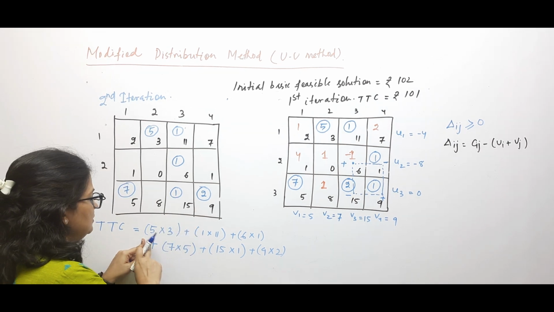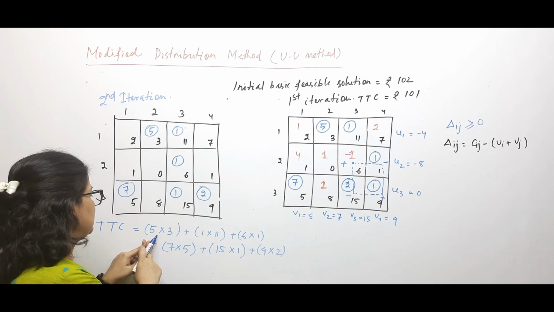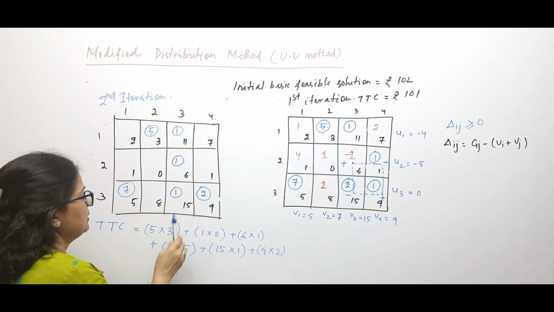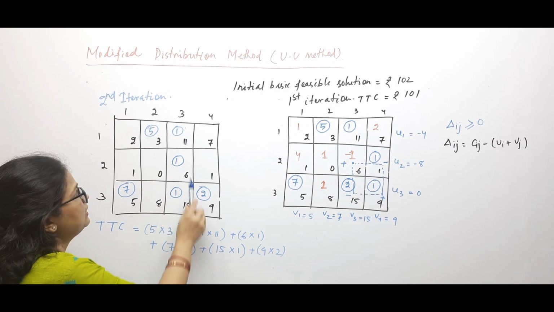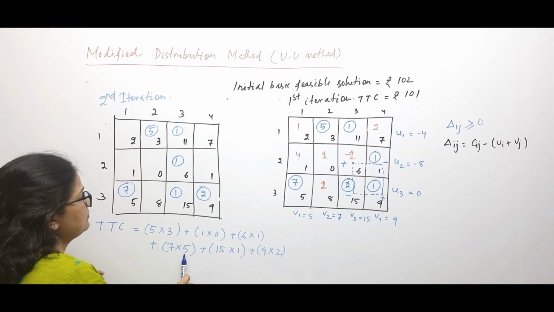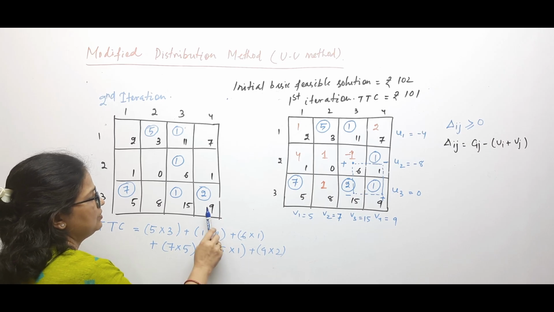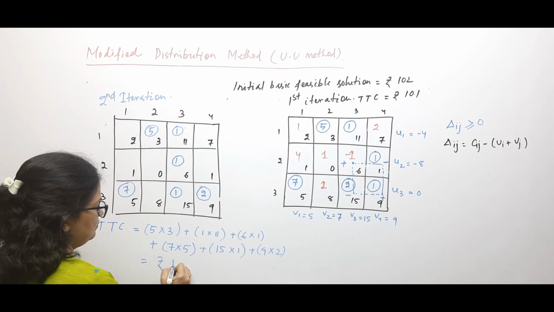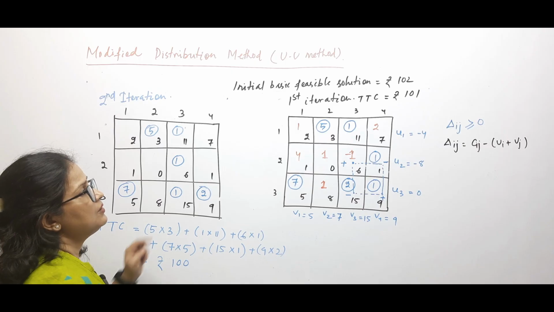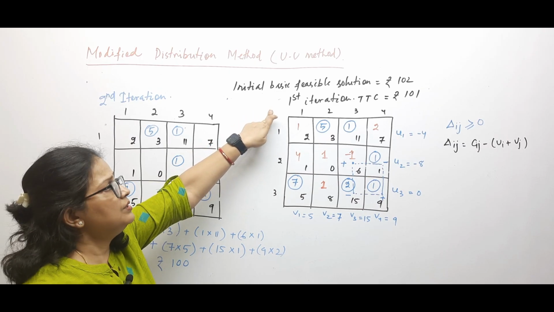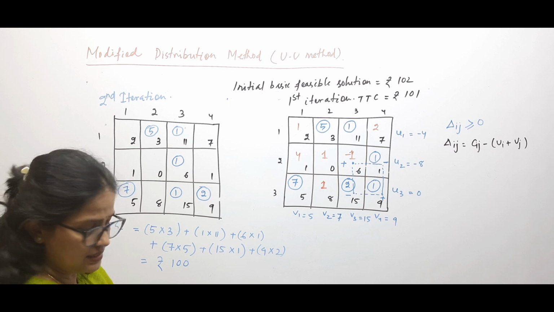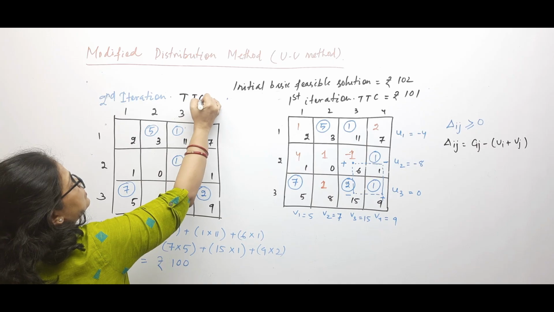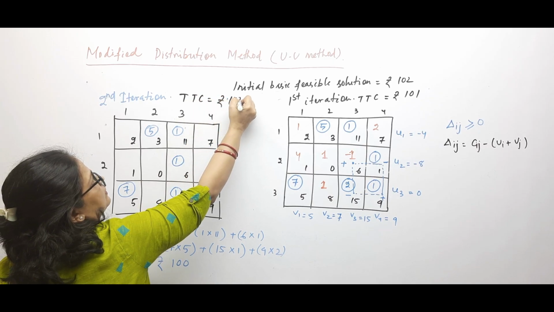So we need to calculate the total transportation cost for this new allocation. 5 into 3, 1 into 11, 6 into 1, 7 into 5, 15 into 1 and 9 into 2. If you calculate the total cost, then it will be 100. In our previous first iteration, we got 101. For this iteration, we got our total transportation cost equal to 100.